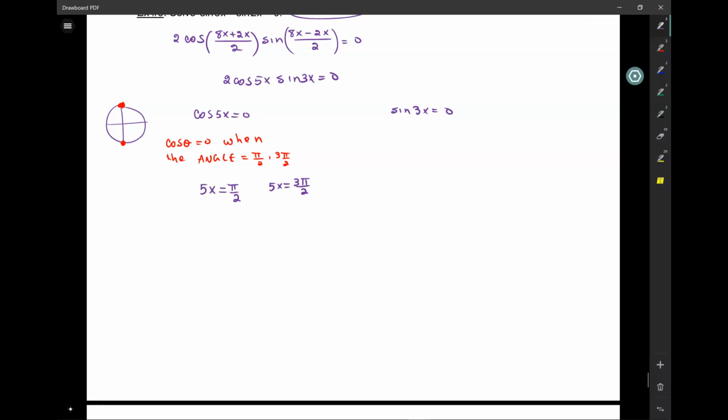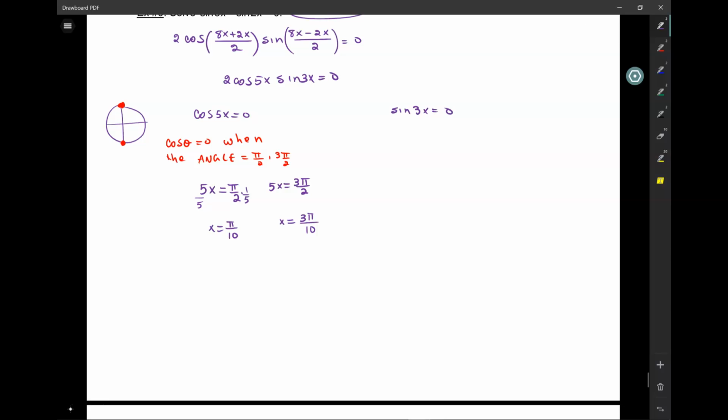Okay? So now, when I divide this and solve, x is pi over 10 and x is 3 pi over 10.